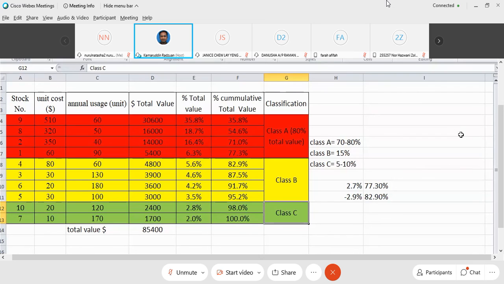Model EOQ, bila kita nak tentukan bila kita perlu buat pesanan semula, kita akan lihat pada reorder point level, ROP dia kan? Let's say, how do we decide when to order under the EOQ model? We're going to see what is the reorder point level that we decide under the EOQ model. Let's say we calculate and find that the reorder point level under the EOQ model is 100 units.